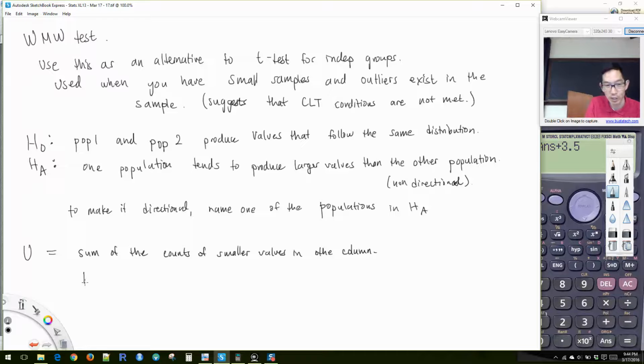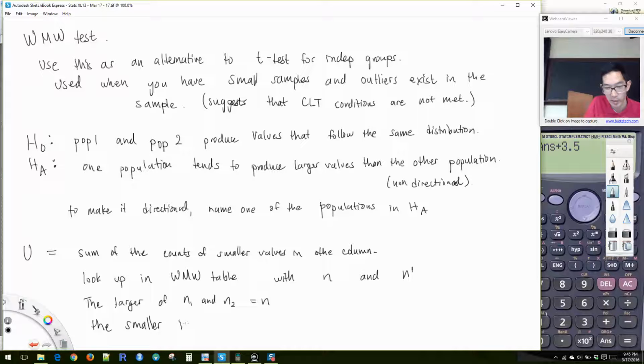Then you just look this up in the Wilcoxon Mann-Whitney table. We have a special table for this, with n and n prime. The larger of n1 and n2 is n, and the smaller is n prime.